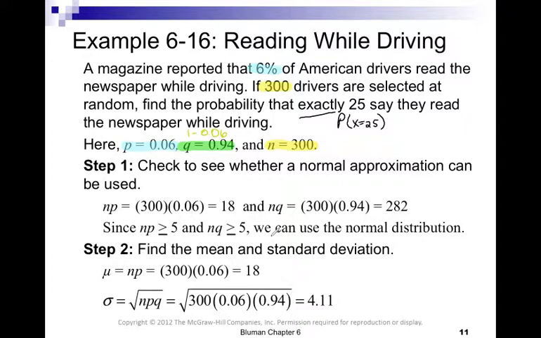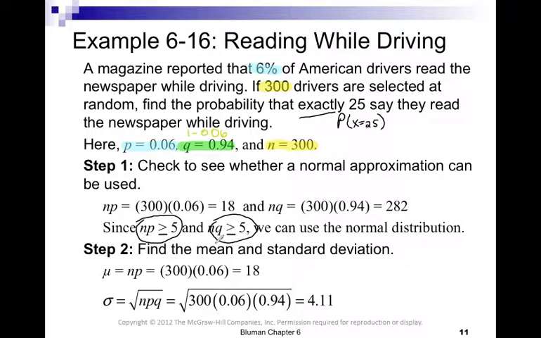So first, step one, if you remember, can we use the normal approximation? Well, that's our N times P. We have 300 times 0.06, that's 18. N times Q, 300 times 0.94, is 282. This is what we're shooting for: both of them have to be greater than 5.